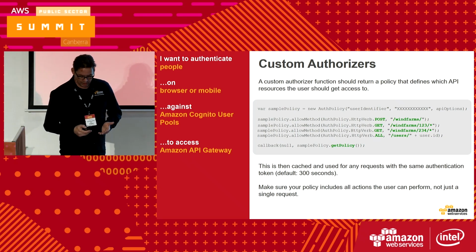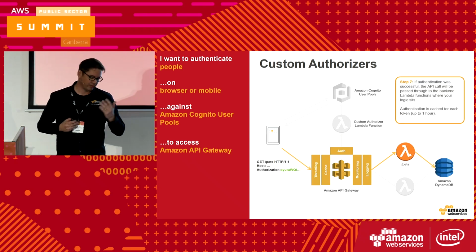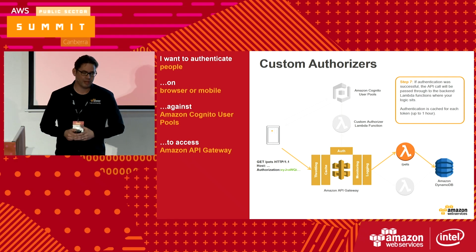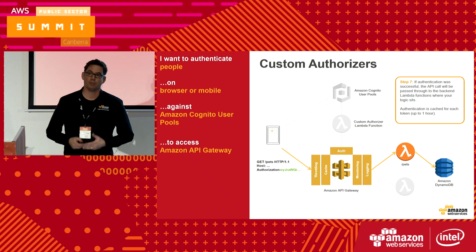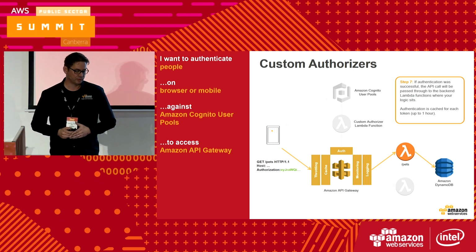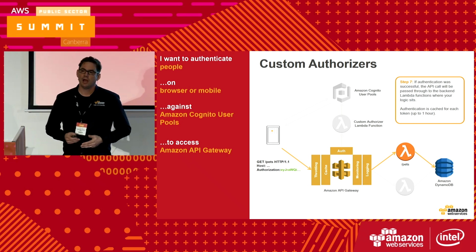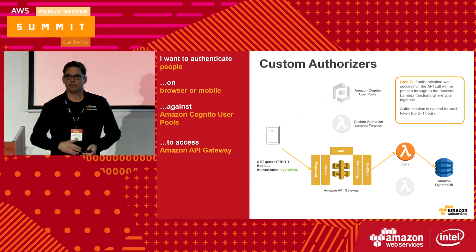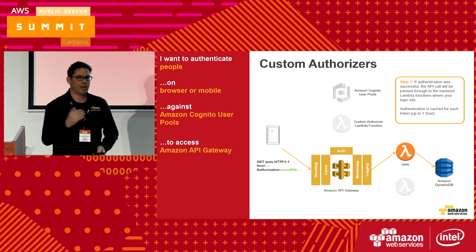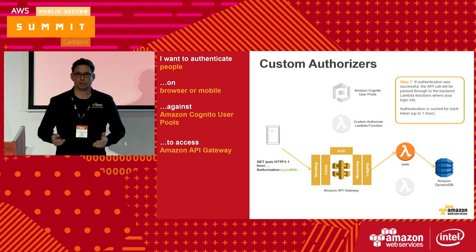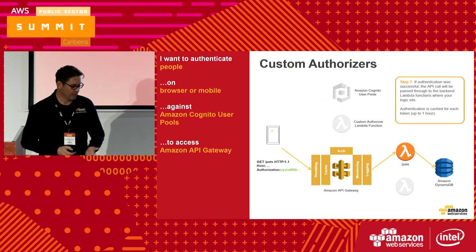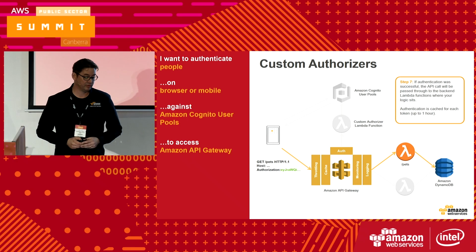Now, API Gateway will cache this response for up to an hour. So any subsequent calls will use the cached credentials. And at that point in time, that user then has access to the respective resources in your downstream business logic processing and access to data.